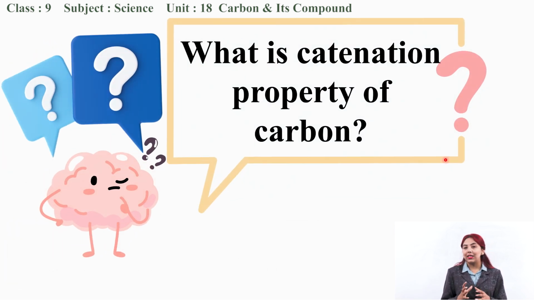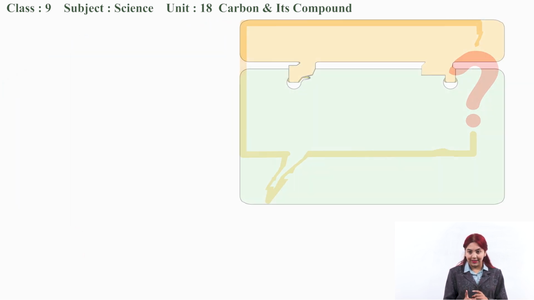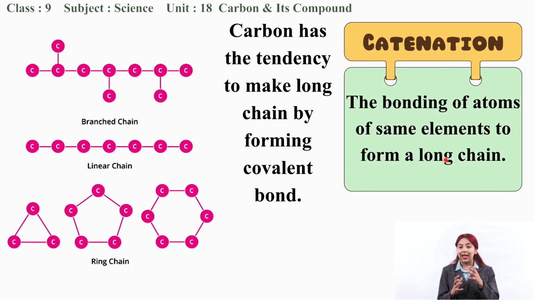What is the catenation property of carbon? Yes, catenation is that property in which the atoms of the same element bond with each other to form a long chain, and carbon also has this tendency to attach to itself through a covalent bond, forming a long chain.